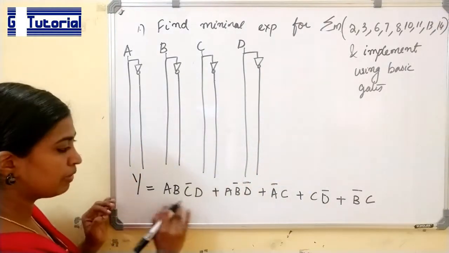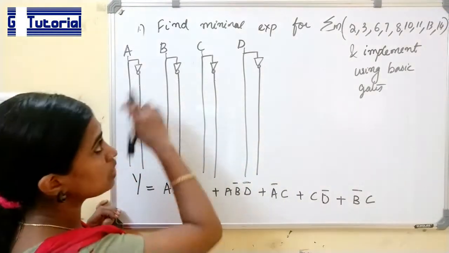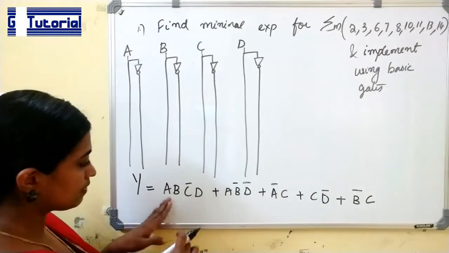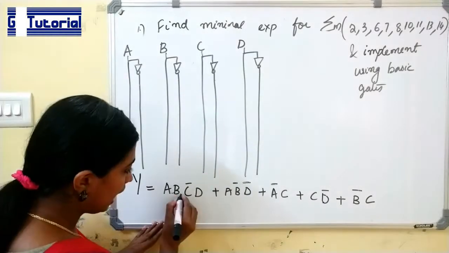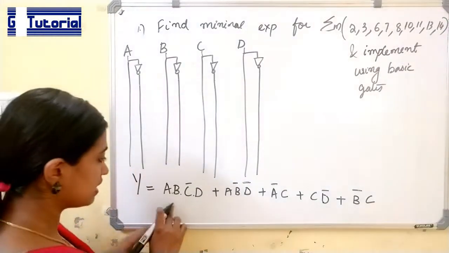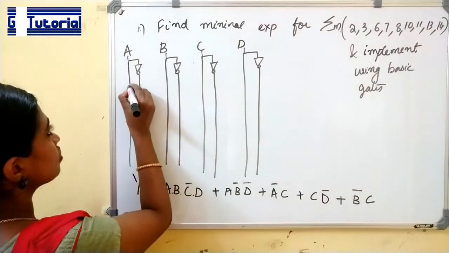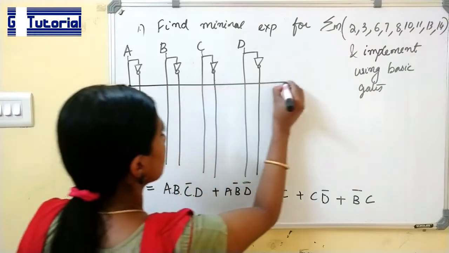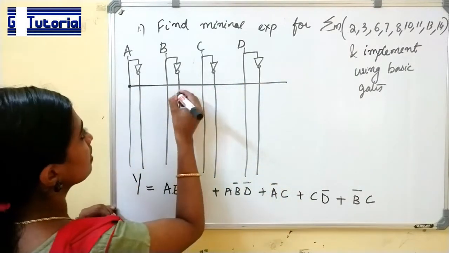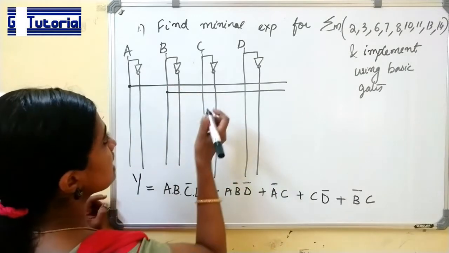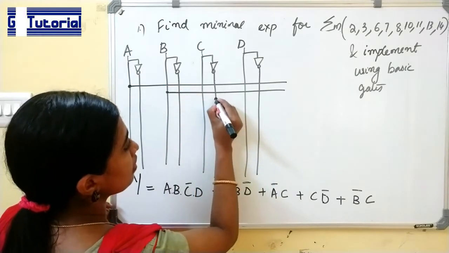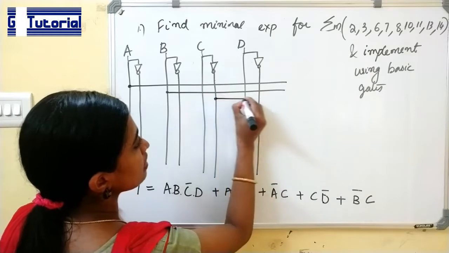Now let us implement this expression using this gate. First expression is A, B, C bar, D. Here we are doing AND operation of these 4 variables. First variable is A. So from here we are taking A. Next is B. Next one is C bar. So we have to take from the output of this NOT gate, C bar.